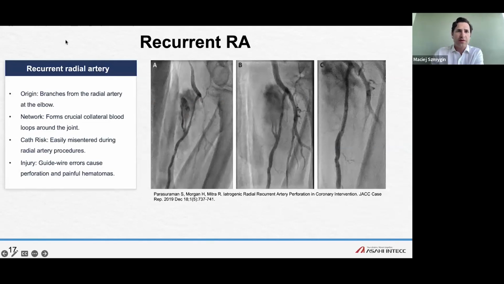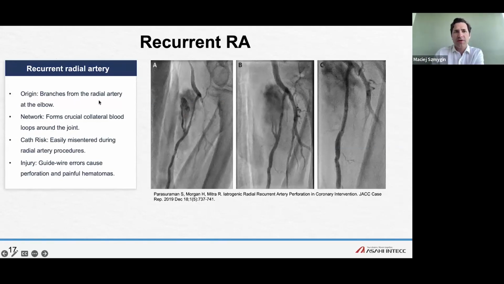Okay, so this also happened to us during our first case, that it's impossible to know beforehand that we had a patient with a recurrent radial artery. So this is the artery that we have to be aware of when we start with radial access.